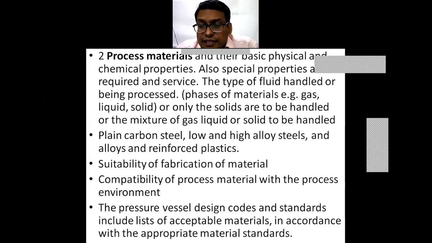The pressure vessel design codes and standards include the list of acceptable materials in accordance with the appropriate process materials. Meaning, I know the process material, and in our design standards and codes, which material of construction is suitable for this particular type of process material.